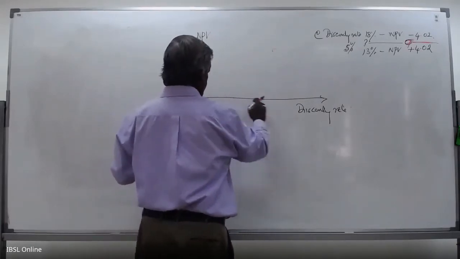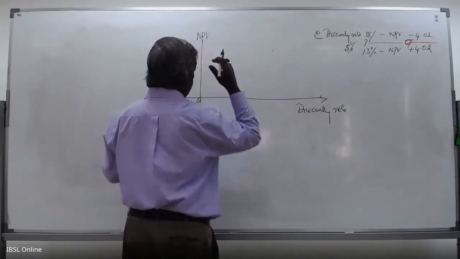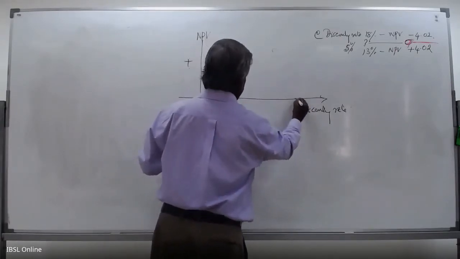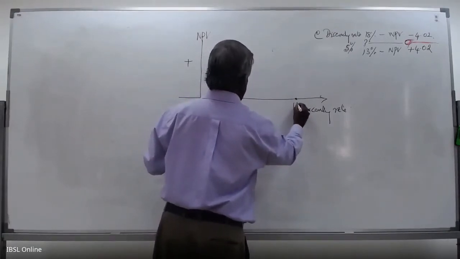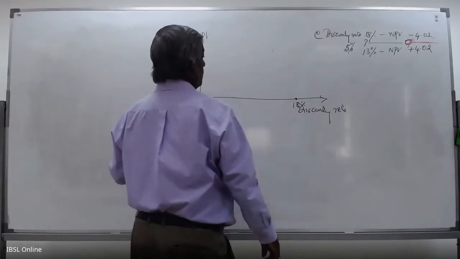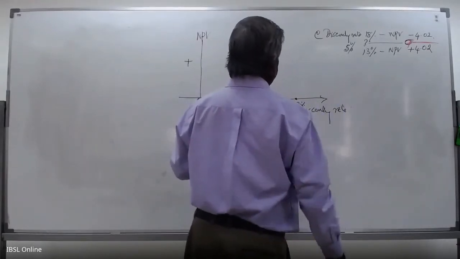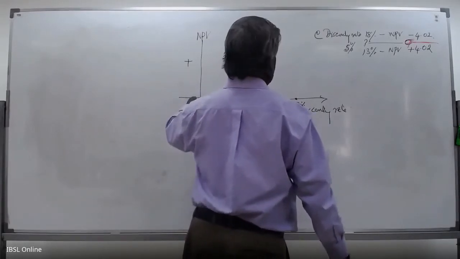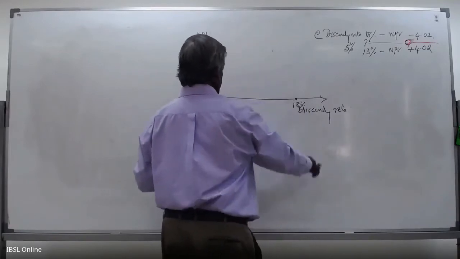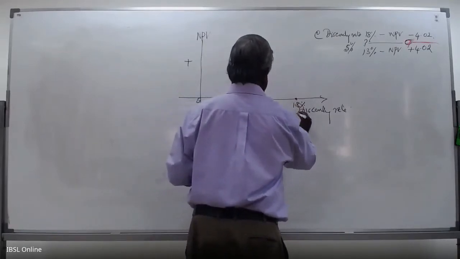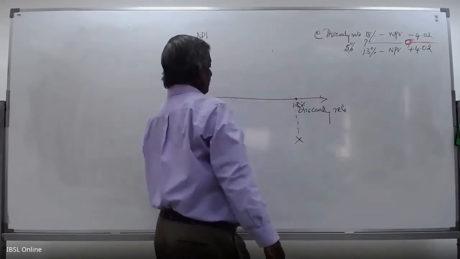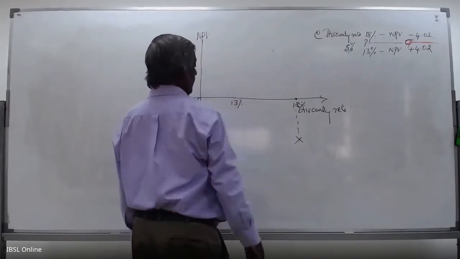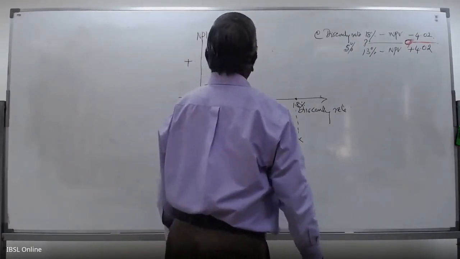The discounting rate starts from 0 and goes maybe to 18%. At 18%, NPV is negative. At 13% discounting rate, NPV is positive, somewhere here.